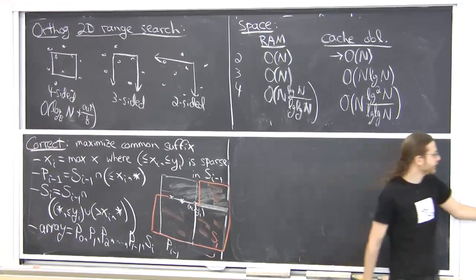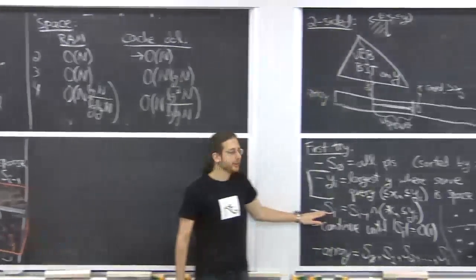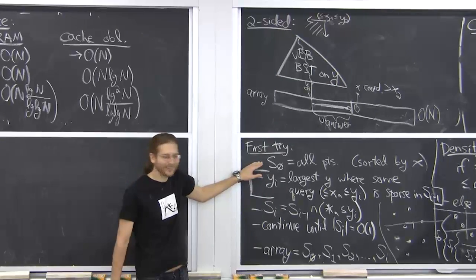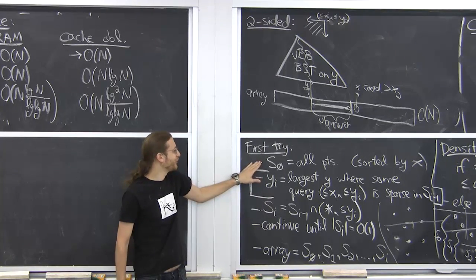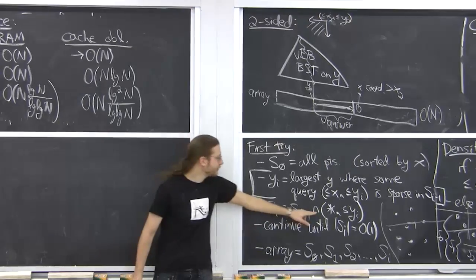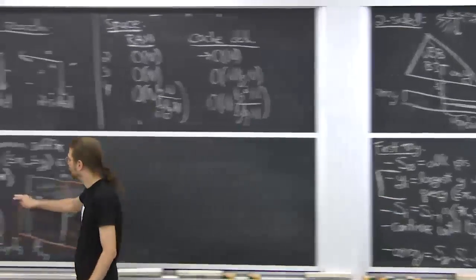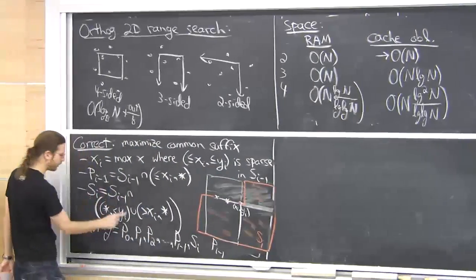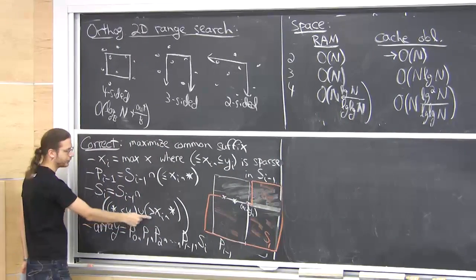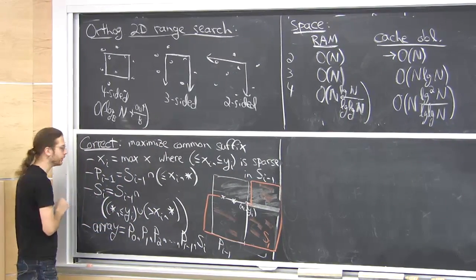No, this definition of S_i is no longer in effect. S_0 is correct, and all the S_i's are still sorted by x. But yeah, we're no longer doing this. Instead of this rule, we're doing this rule. So this part is the same, but we have this extra union, which contradicts the previous rule.